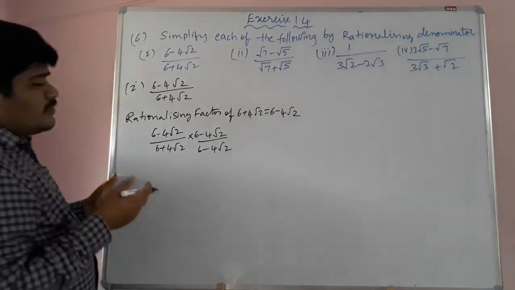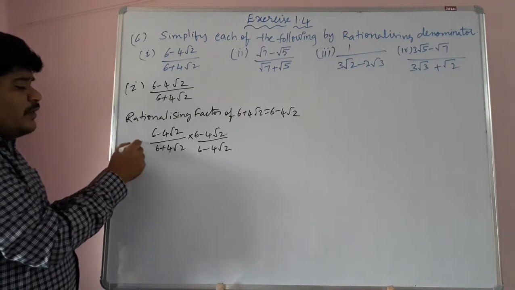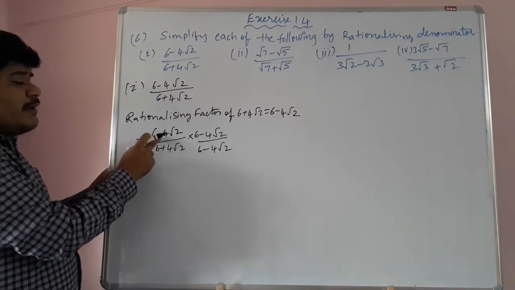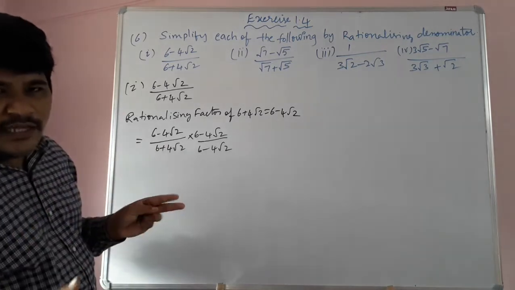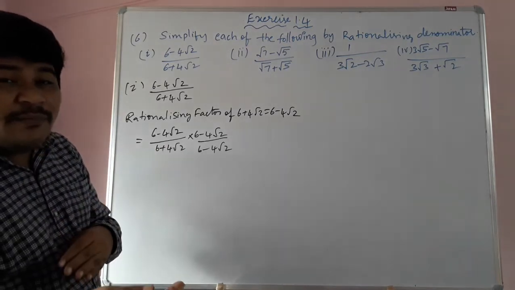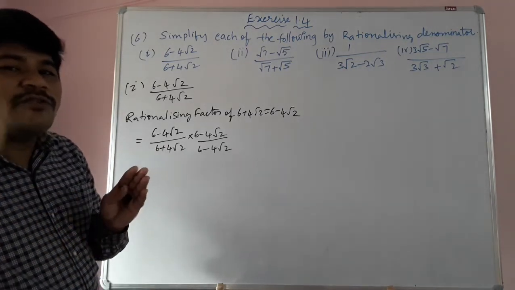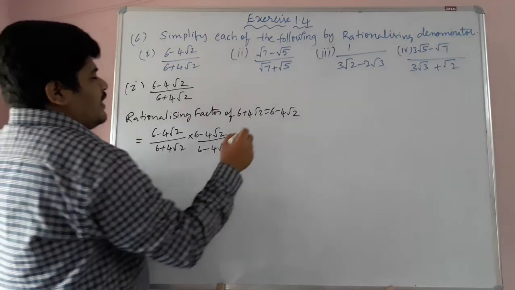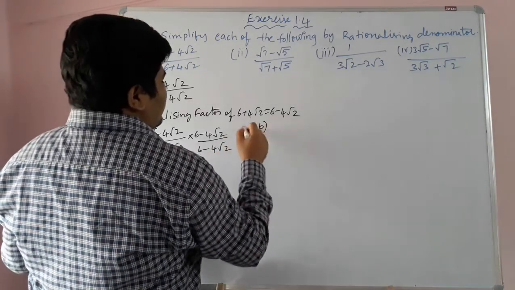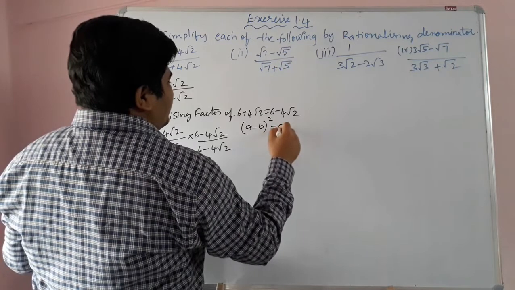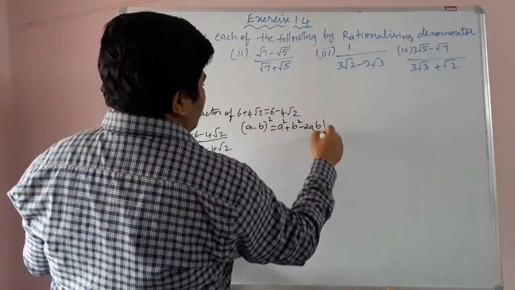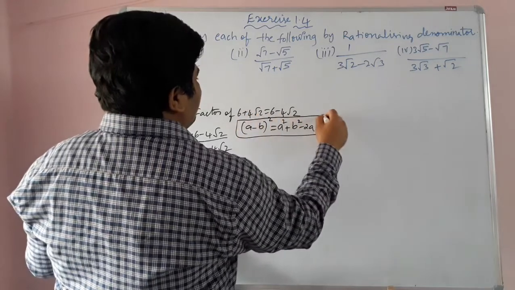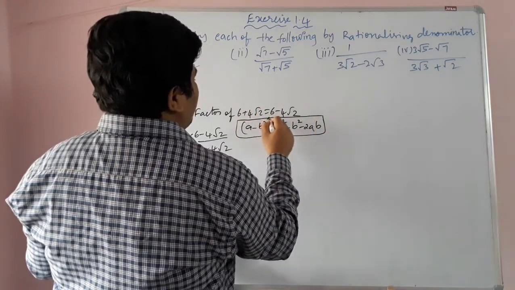So children, observe here, the numerator is in the form of a minus b into a minus b, the same expression 2 times. A minus b into a minus b means what? A minus b whole square. So students, what is its expansion? A square plus b square minus 2ab. If you say a square minus 2ab plus b square, that is also correct.